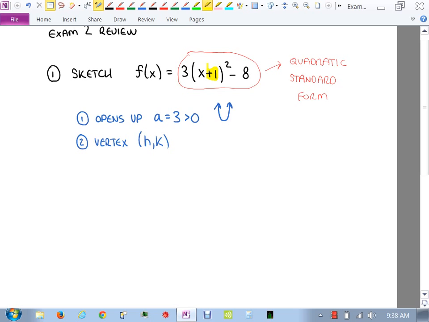H is always going to be the opposite of that. So h for us is negative 1. And then k is the number out by itself, including the sign, so negative 8. That's it. So step 3 is just to do a quick sketch.